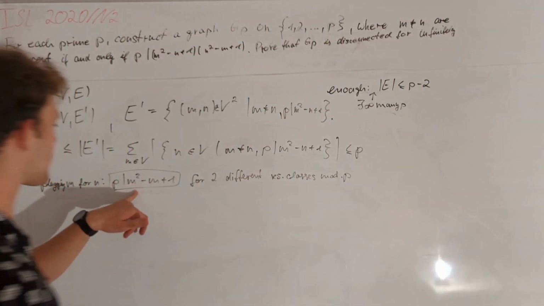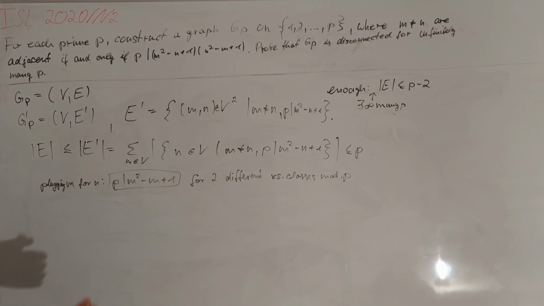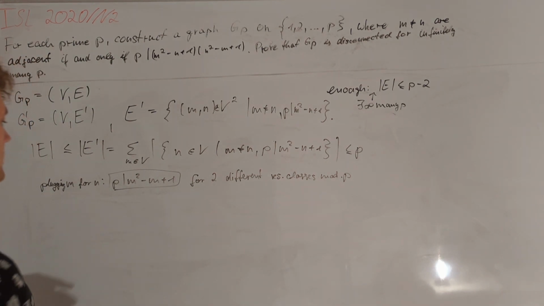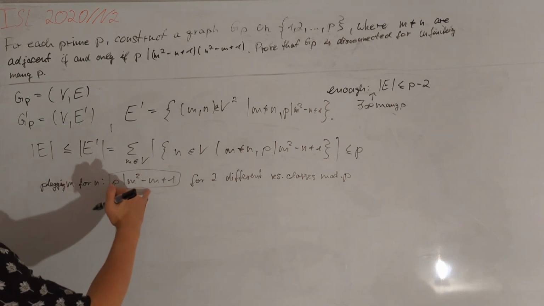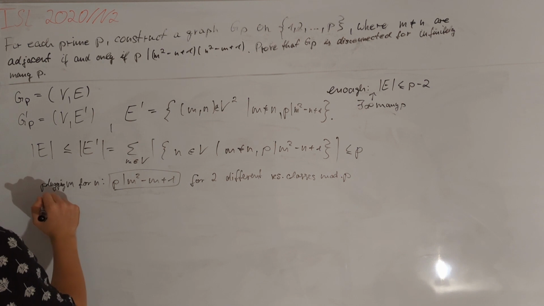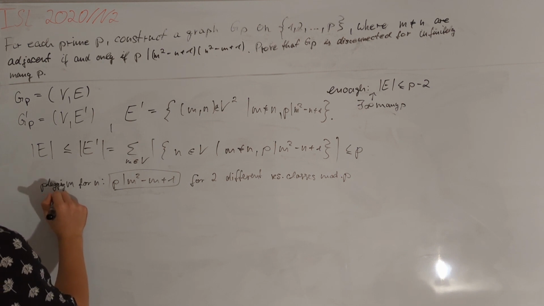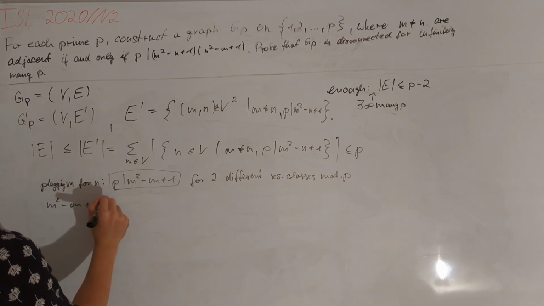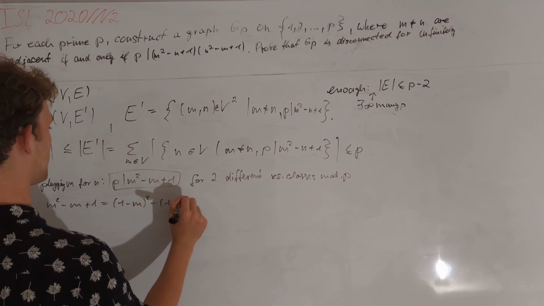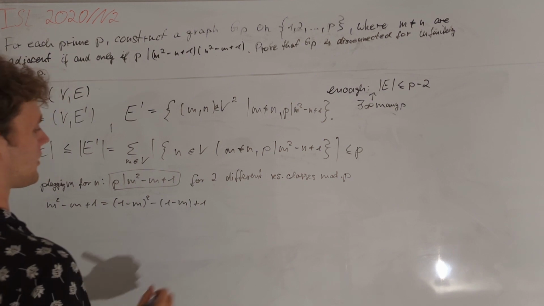But it follows from the fact that we have a quadratic right here, and quadratics have a symmetry axis, as you know from the real numbers, and therefore this has a symmetry at x equals 1/2, and we get that m squared minus m plus 1 is equal to 1 minus m squared minus 1 minus m plus 1.